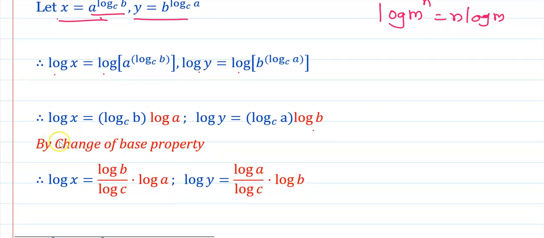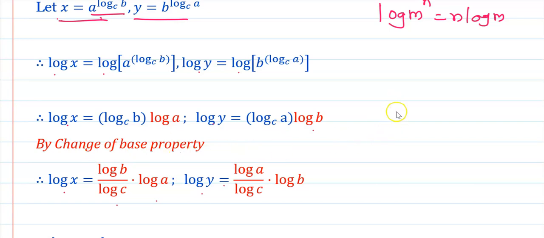Now here we will apply the change of the base property. Log of x we treat as it is. The log of b to the base c can be written as log of b upon log of c, into log of a. Log of y is equal to log of a to the base c, which can be written using the change of the base property.